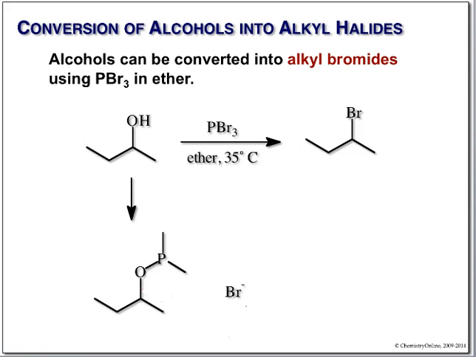And we have bromide kicking about here, because when we do this, we remove 1 mole of bromide. What happens in our second step is that bromide is simply going to attack here. It's an SN2 reaction to give us cleanly the alkyl bromide.